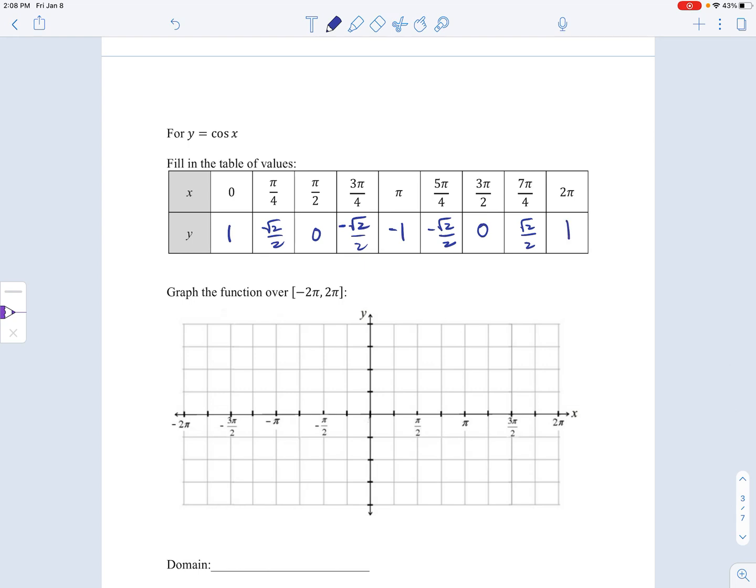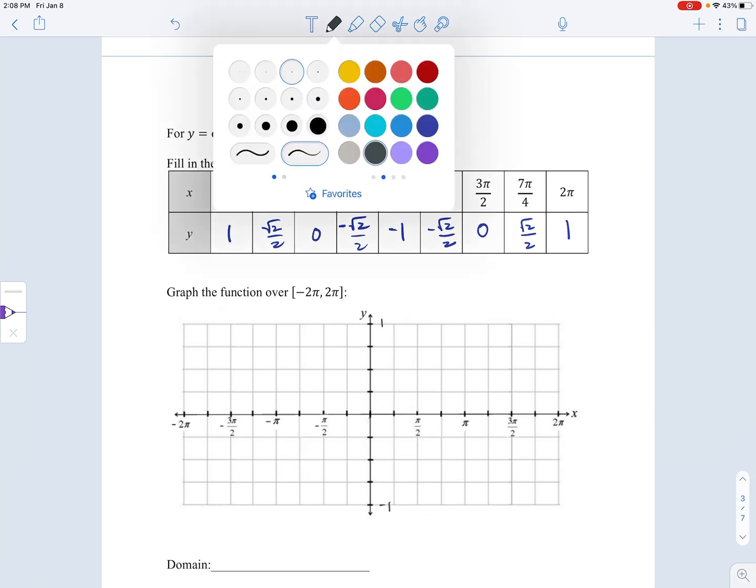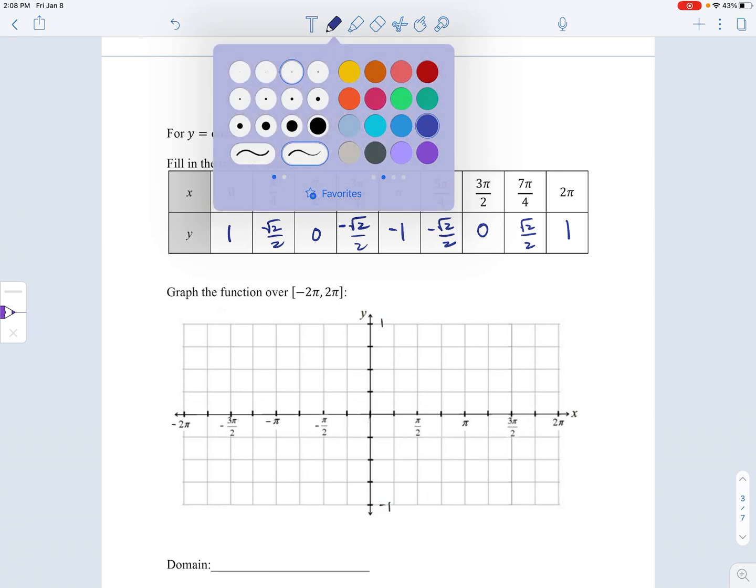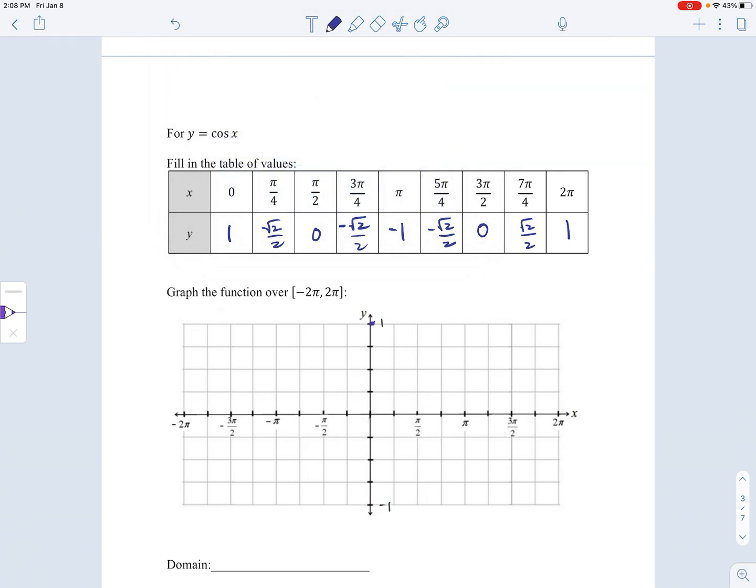That's right, there we go. And that would be positives. Using the same scale for the y-axis as above, cosine starts high, or starts at 1, then comes down.